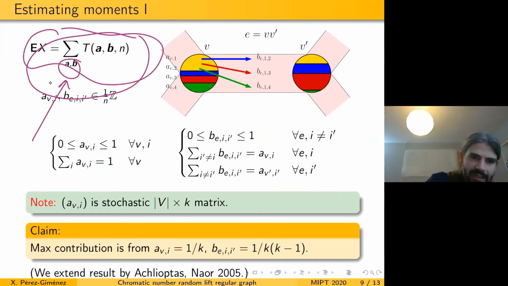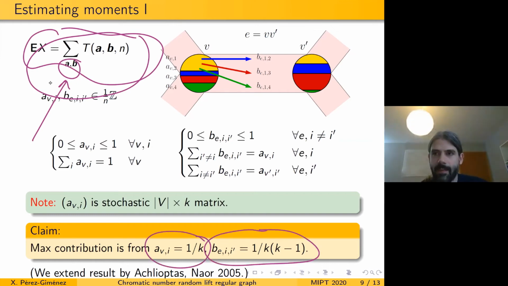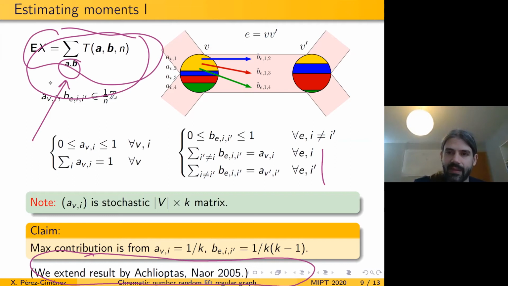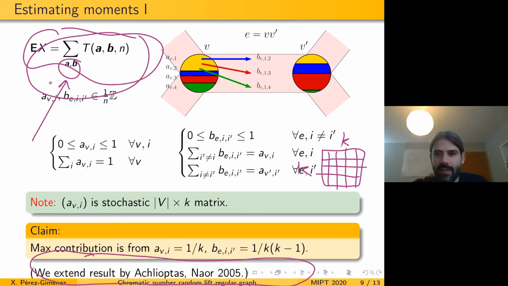And we claim that this contribution comes when all the A's and all the B's are the same. To prove that, this is an optimization problem in which we had to extend a result by Ackley-Optas-Naor, in which they do something similar, but their parameters live in a doubly stochastic matrix K by K. Well, in our case, their matrix is doubly stochastic, but they relax that.